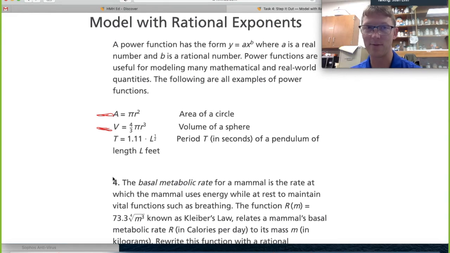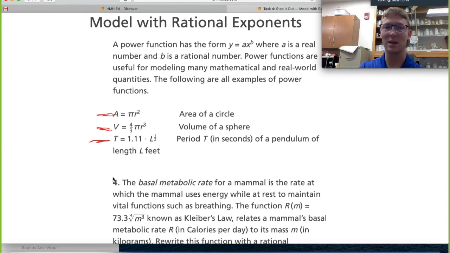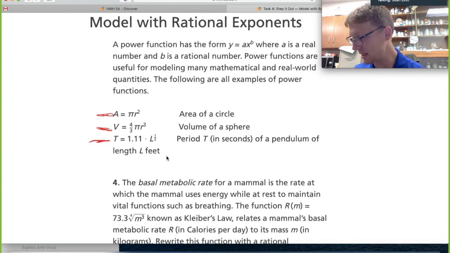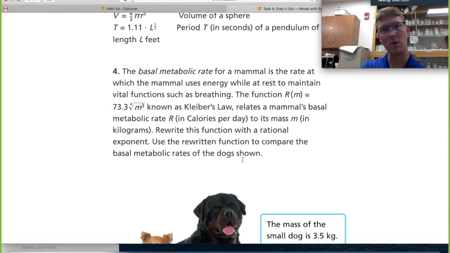You might have something squared or cubed. This has to do with a pendulum and how it swings. So you're going to have a lot of these powers in the real world. So let's look at one.